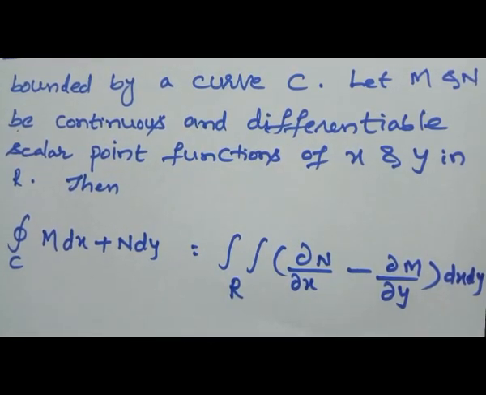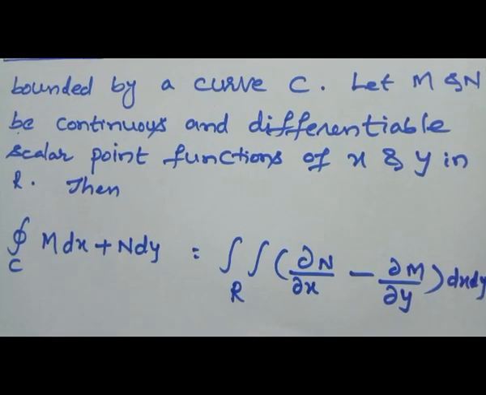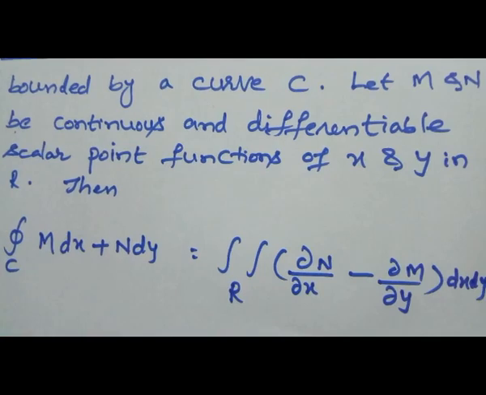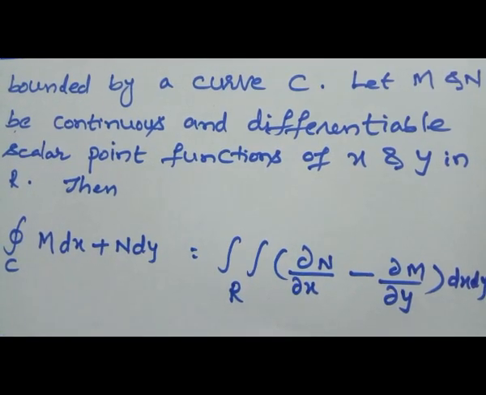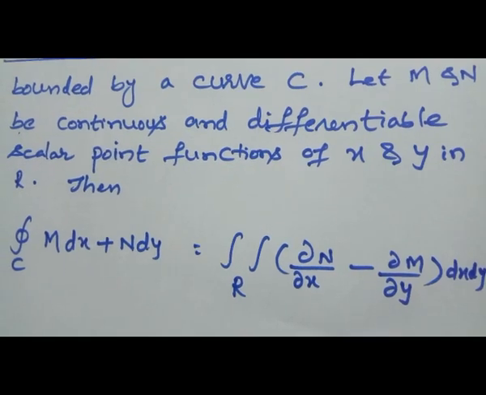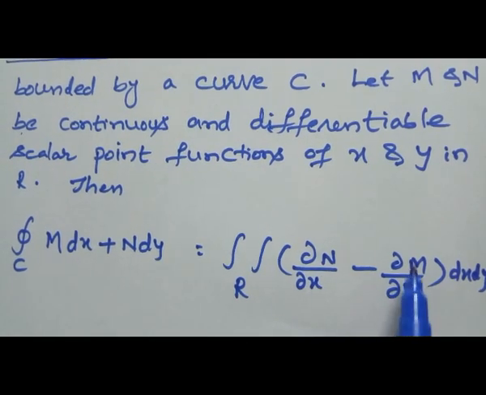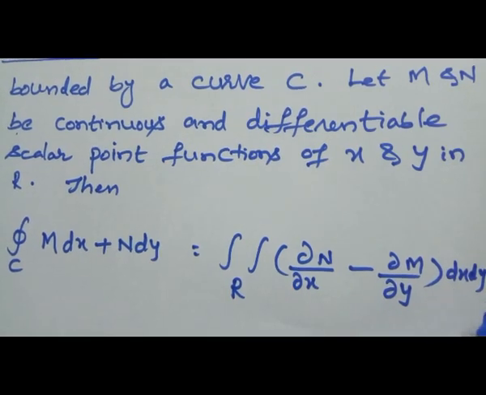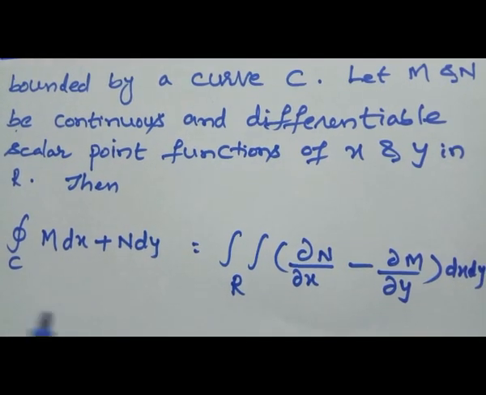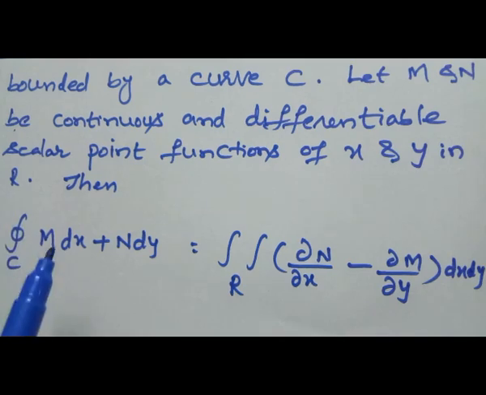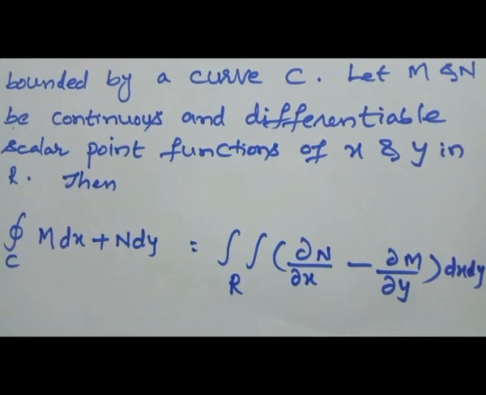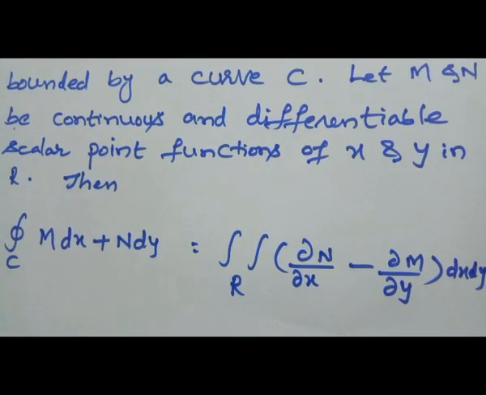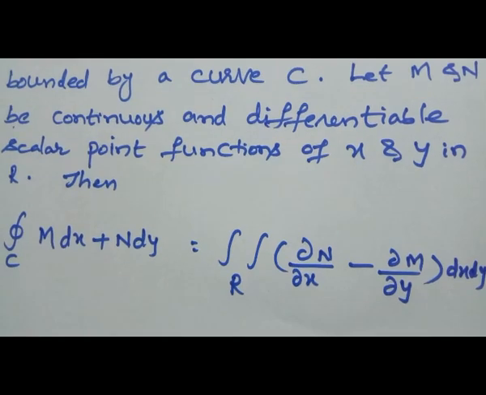Therefore, the integral over C M dx plus N dy is equal to the double integral over R of ∂N/∂x minus ∂M/∂y with respect to x and y. That means Green's theorem converts the line integral into a double integral in the region R.